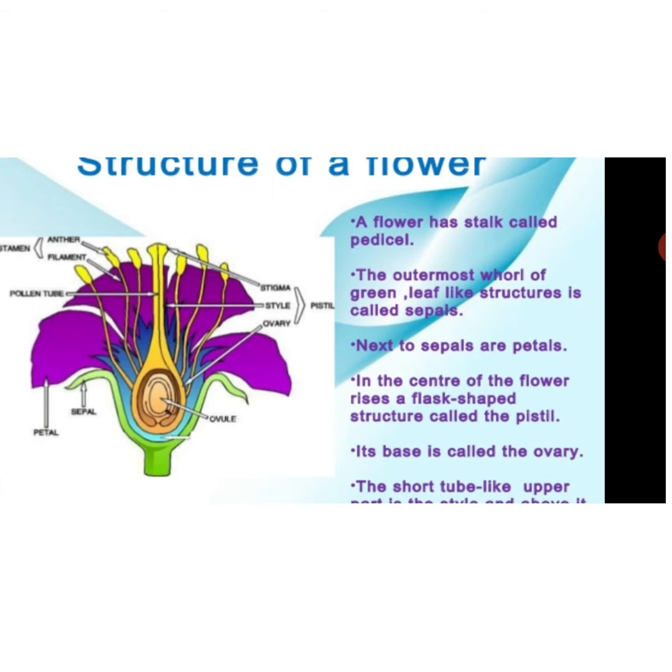They are known as sepals. When the flower is in bud form, they protect the flower. So these are our sepals. The green leaf-like structures are the sepals, and they give protection when the flower is in bud shape.